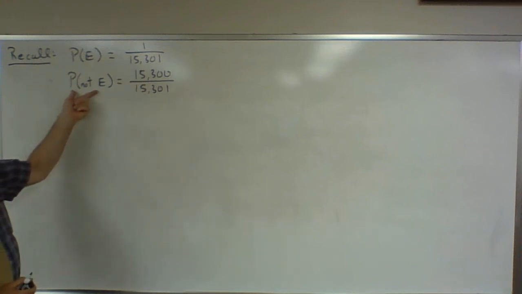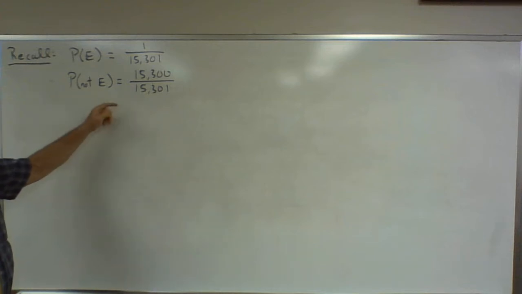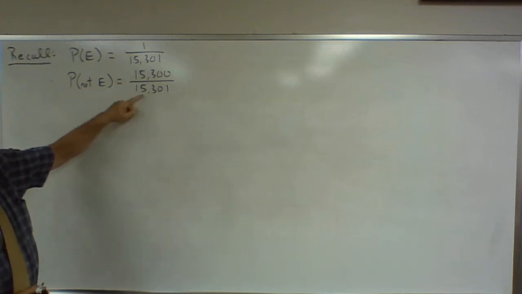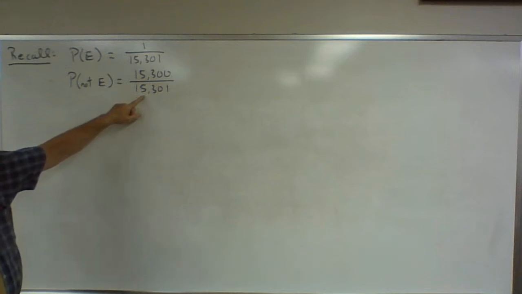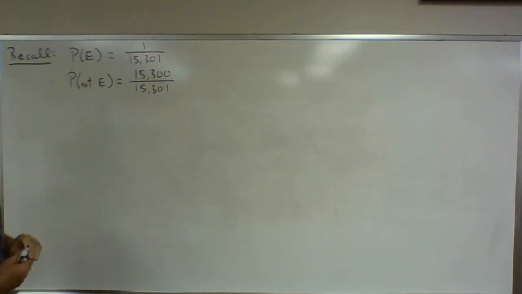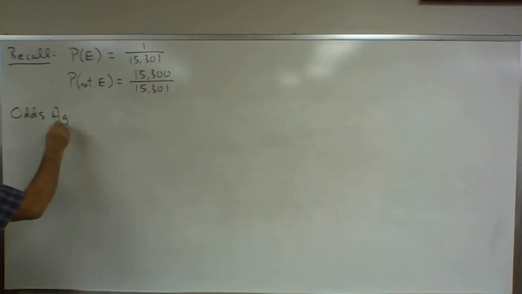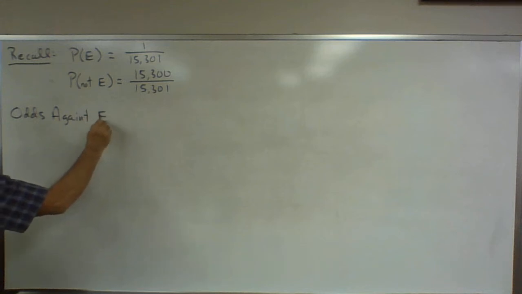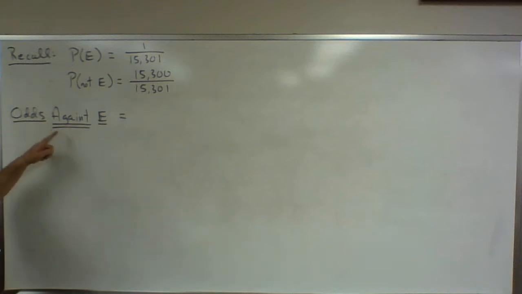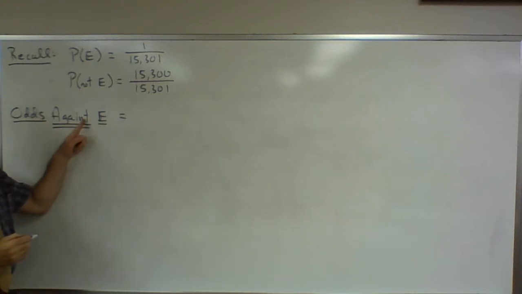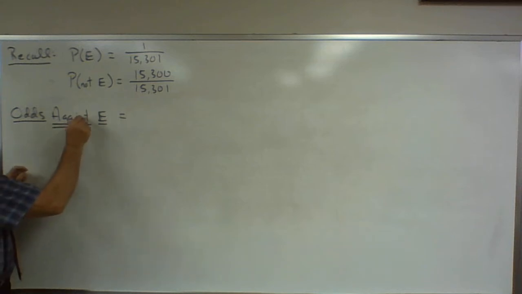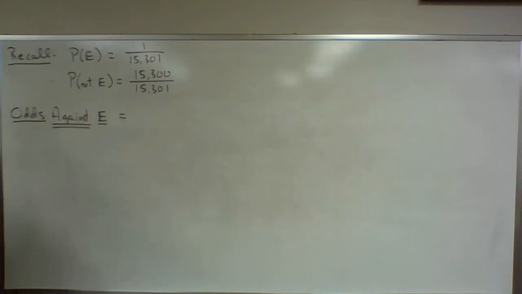The probability that a person does not get struck by lightning, 15,300 over 15,301. These are things we just computed. Now, from this information, how did they get the odds against E? The odds against getting struck by lightning.